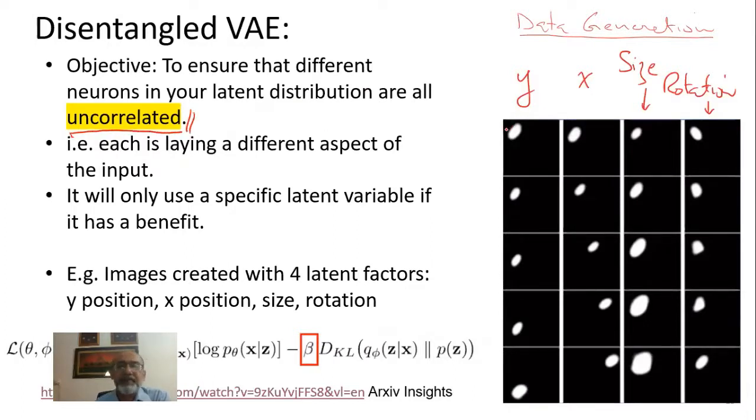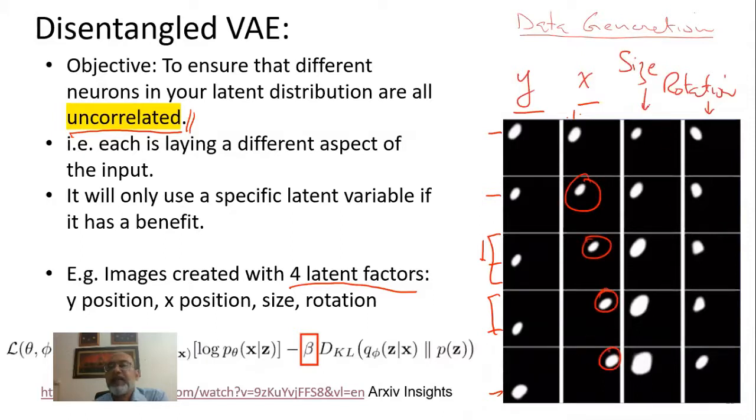Here's an example where an image has been generated by changing 4 factors. You can see that the Y location is changing; in this particular image, the Y location is going downwards. In this factor, the X location is being changed, so here the image is more on the right side.